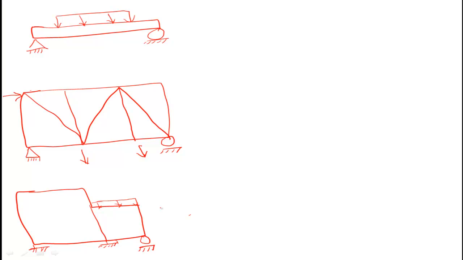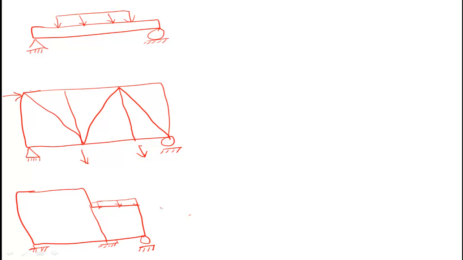Same case, we have a truss, with a pin support on one side and a roller support on the other side. And a frame structure which has fixed supports at two ends and a roller support at the extreme end. There is no rigid body motion. Such a structure is statically stable.